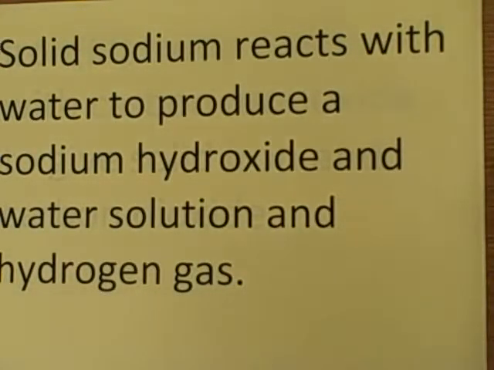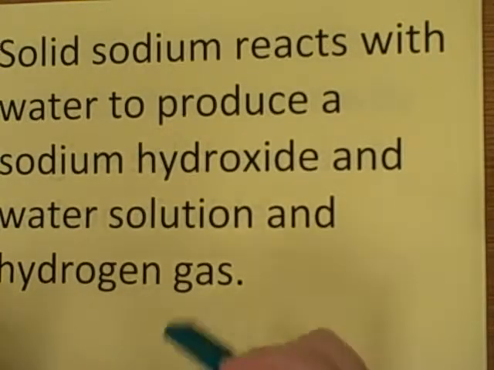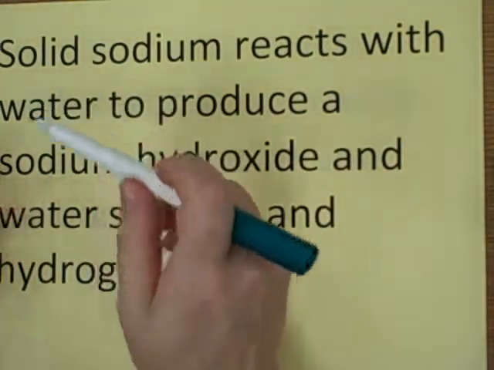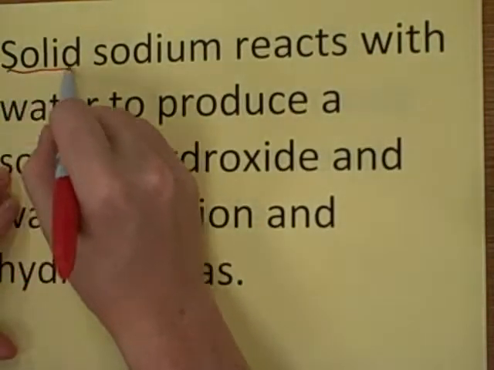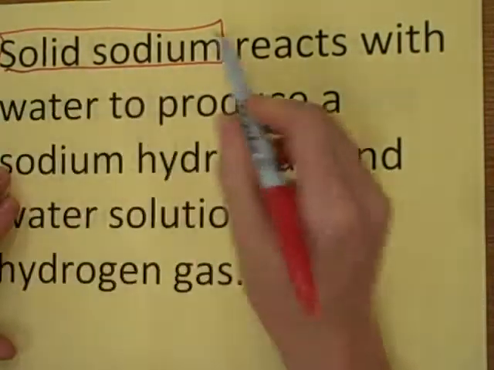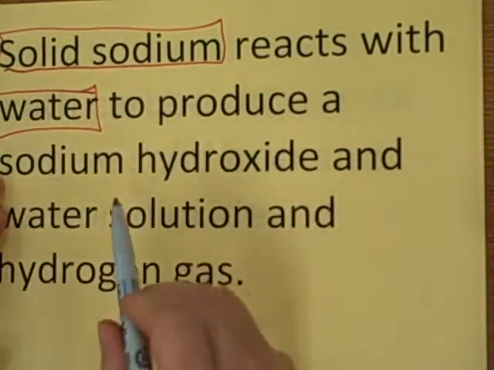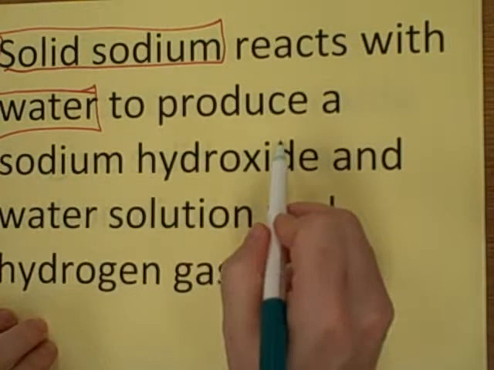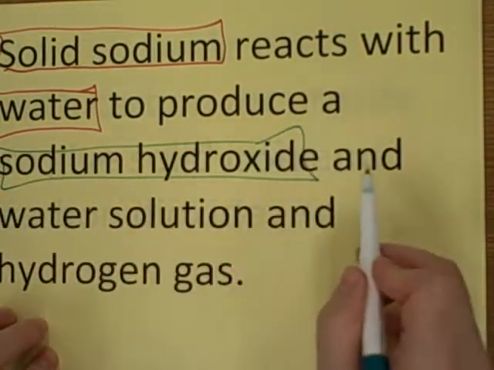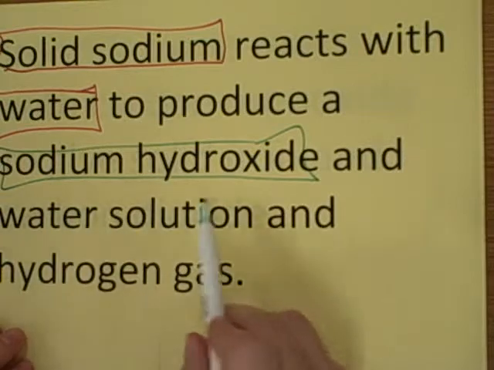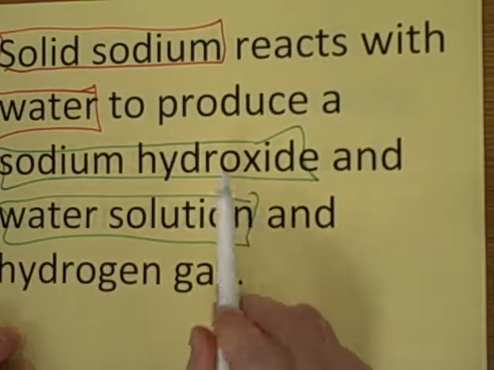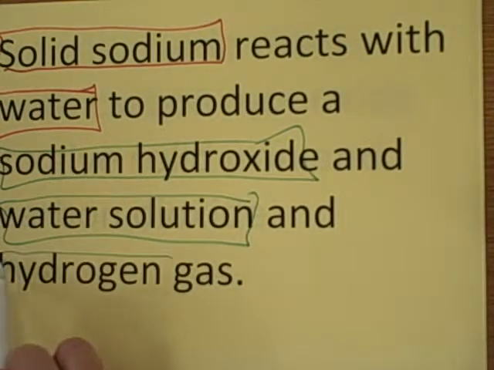Solid sodium reacts with water to produce sodium hydroxide in a water solution and hydrogen gas. So sodium reacts with water to produce sodium hydroxide in a water solution and hydrogen gas.